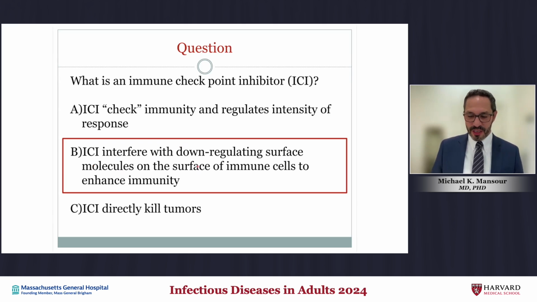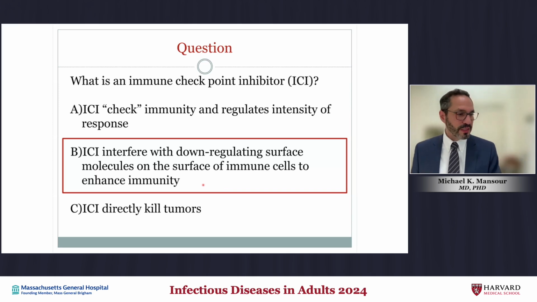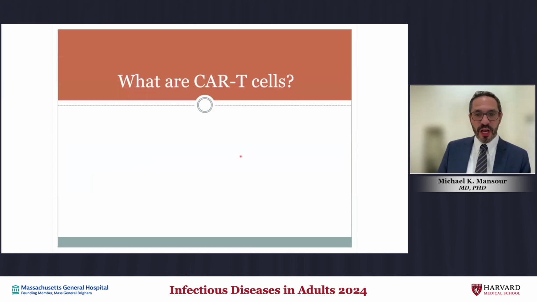So that's an interesting theory that I like to think about as an adjunct to difficult to treat infections. Should we be using the same concept for infectious diseases? And of course, we've also reviewed that by unleashing T cells, you can often have adverse events such as autoimmune manifestations in multiple systems. So these are checkpoint inhibitors.